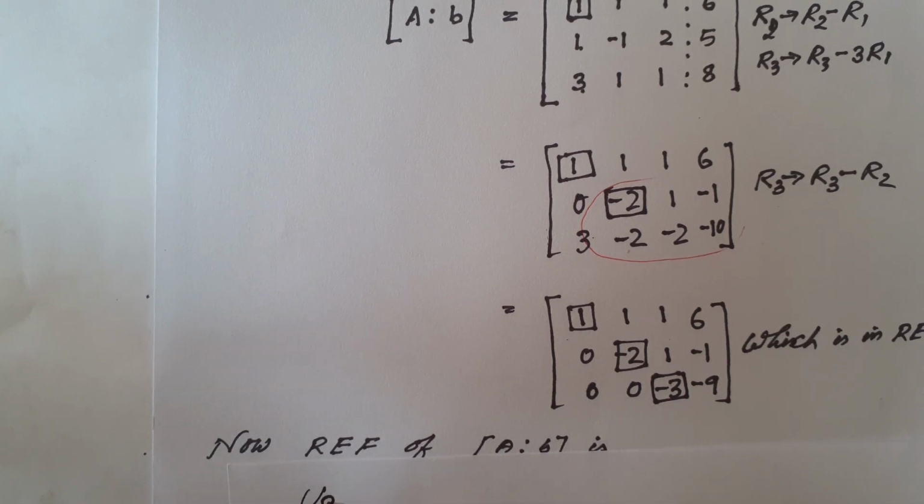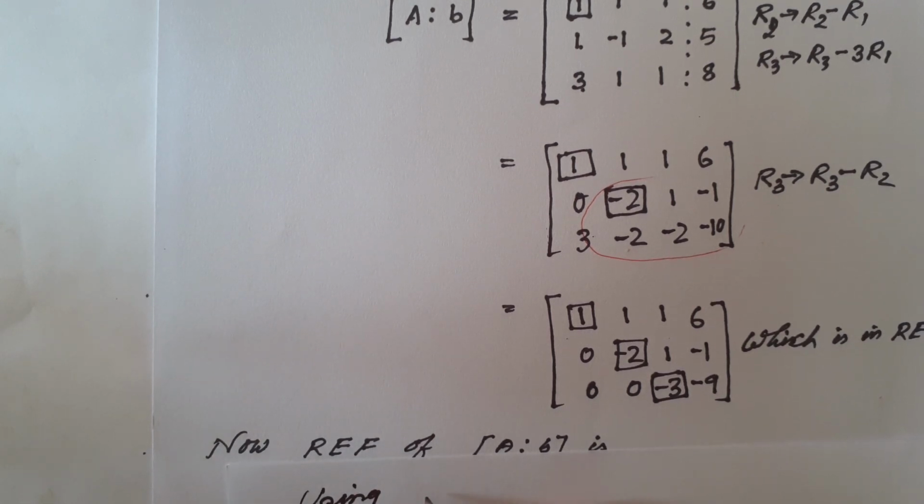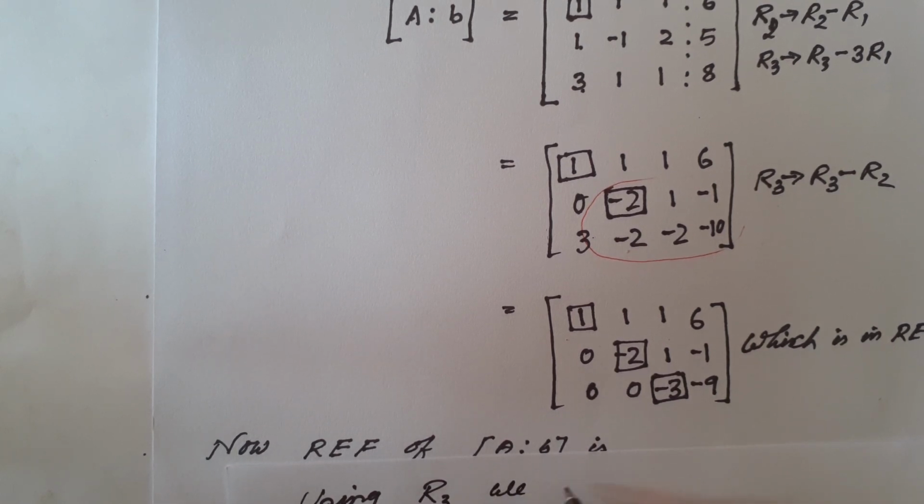So using R3, coefficient of x1 is 0, x2 is 0, but coefficient of x3 is minus 3, so minus 3x3 is equal to minus 9, and this implies that x3 is equal to 3.